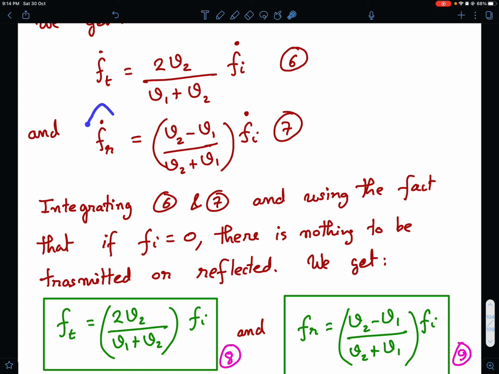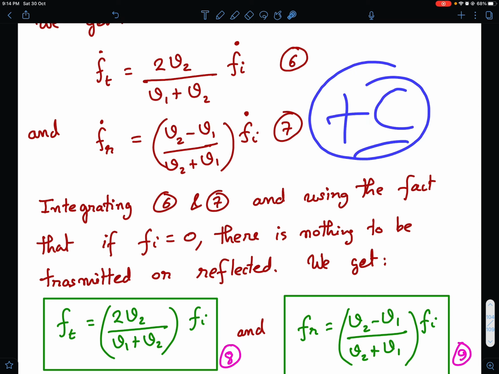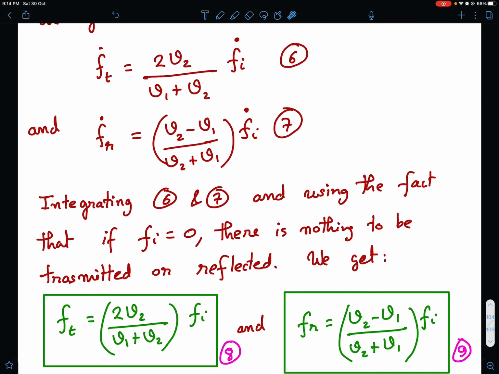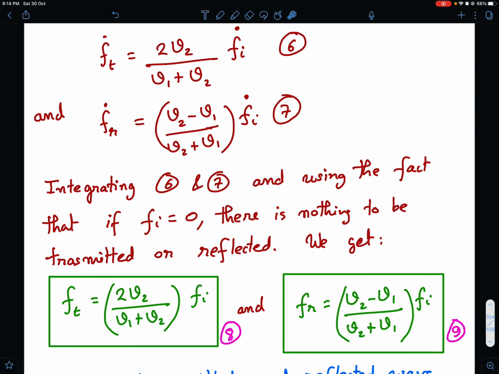So when f i is 0, f transmitted must also be 0 and f reflected must also be 0. That means the arbitrary constant must be equal to 0. So just integrating this, I get the similar relation in f t and f r.